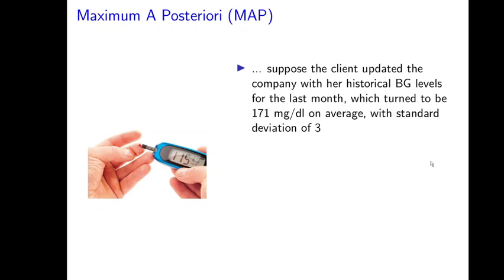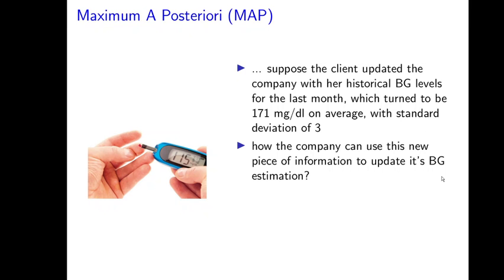We will assume that the client updated the company with her historical BG levels for the last month, which turned out to be 171 mg/dL on average, with a standard deviation of 3. So in this case, we have another distribution which we will assume represents the prior distribution of our problem.